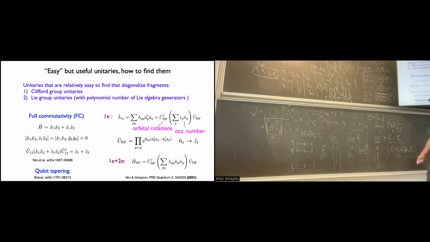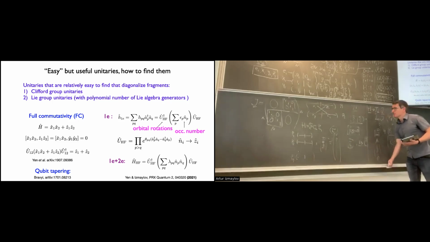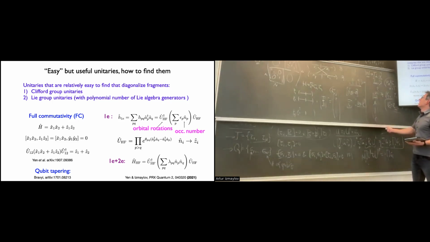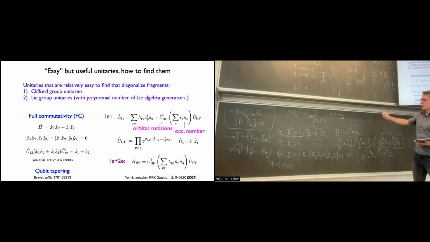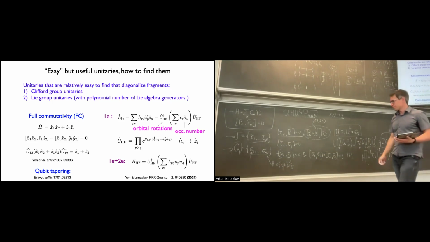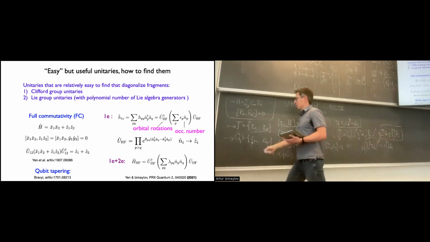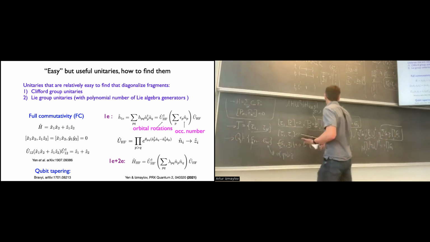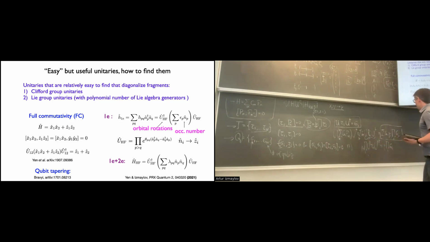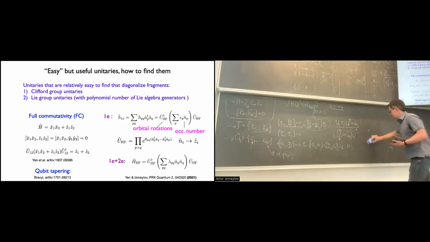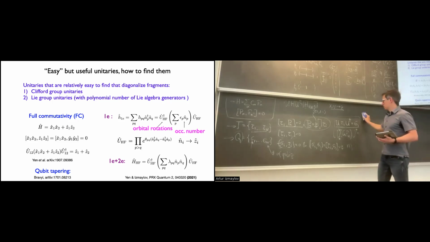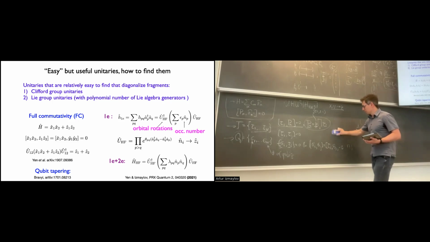Now the last thing about this formalism, I guess, is related to qubit tapering. Qubit tapering is slightly different, because in the qubit tapering case, we have a Hamiltonian that does not necessarily contain all commuting Paulis.